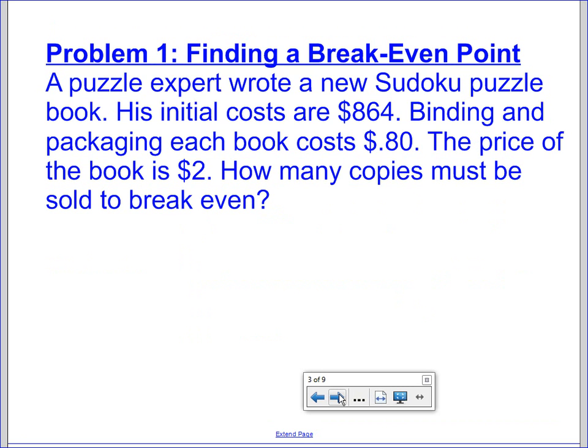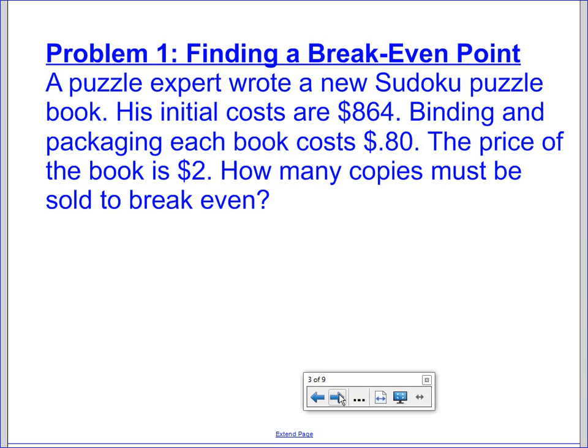All right, problem 1. Finding a break-even point. Oh, and also in your notes there is a statement that systems of equations are useful for modeling problems involving, to fill in the blanks, mixtures, rates, and break-even points.